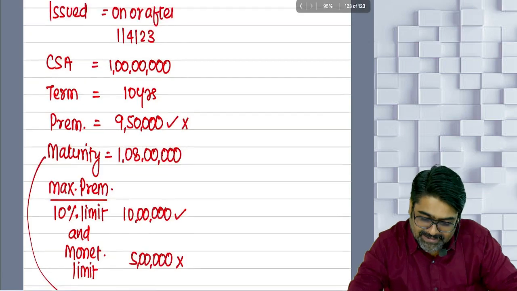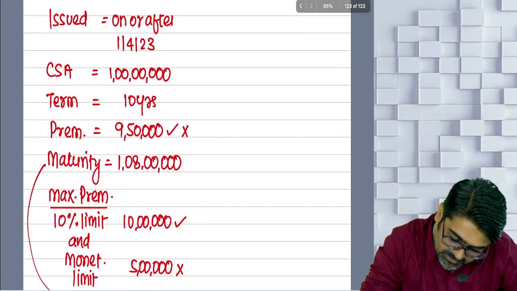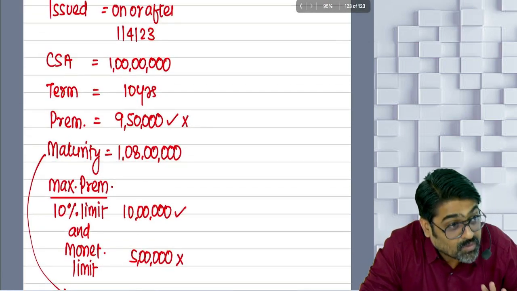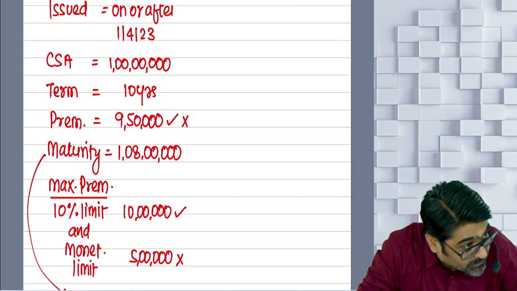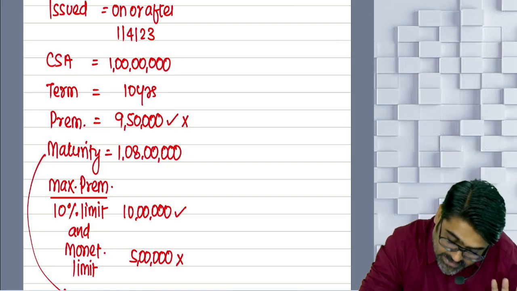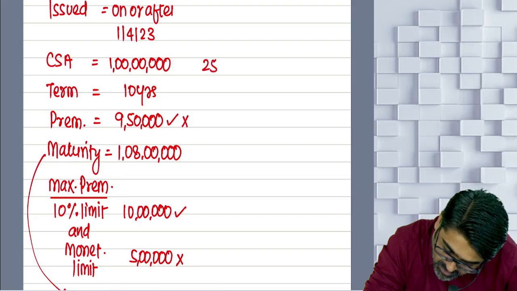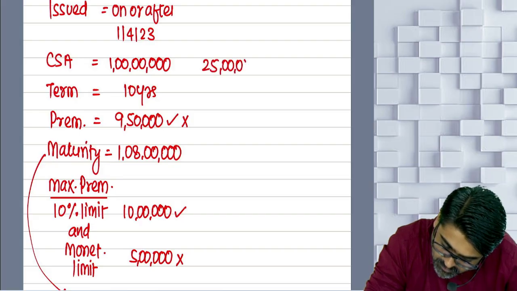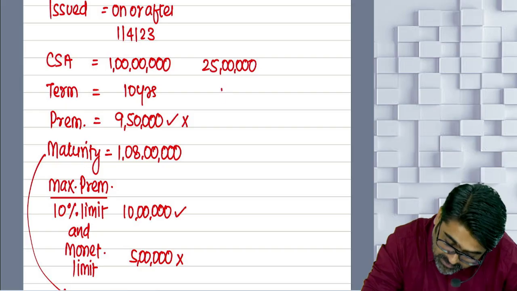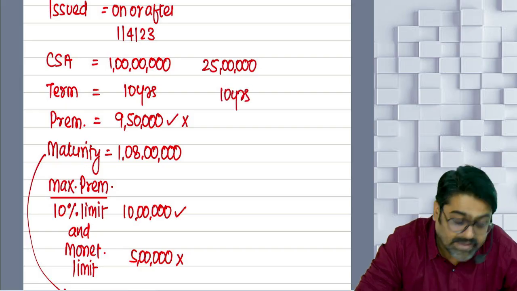Simple. So I will issue the policies on or after 1st April 2023. Now every policy will be of 25 lakhs, for 10 years.